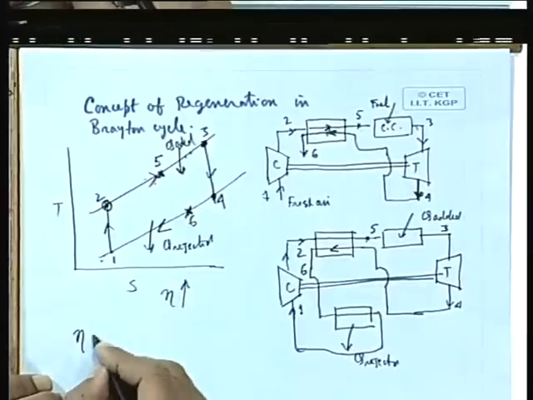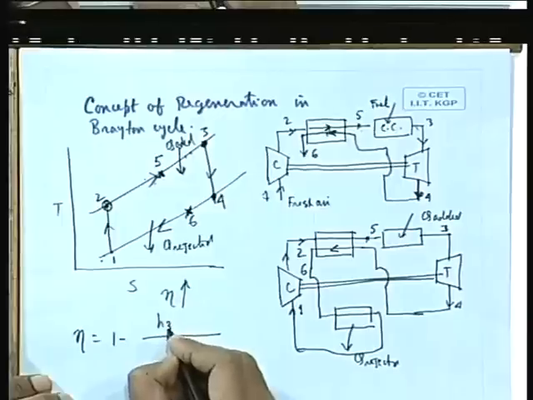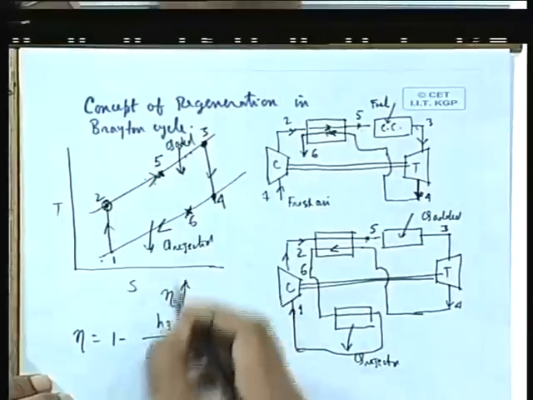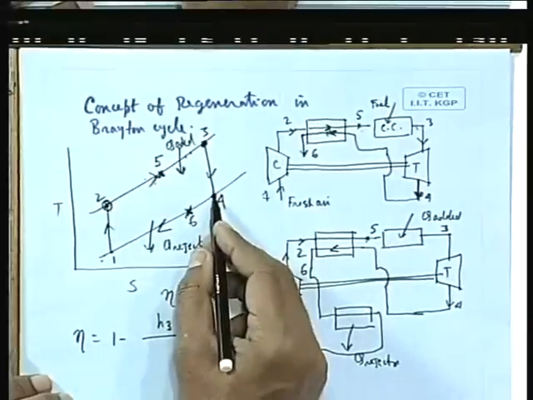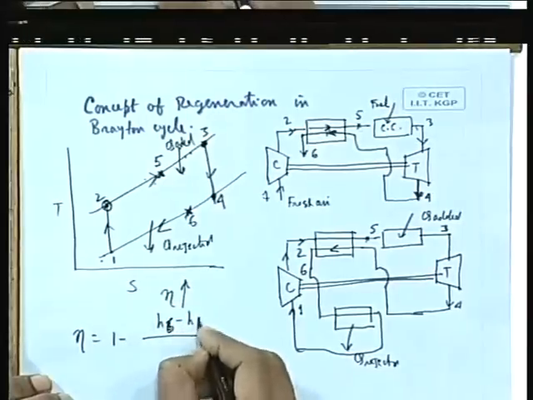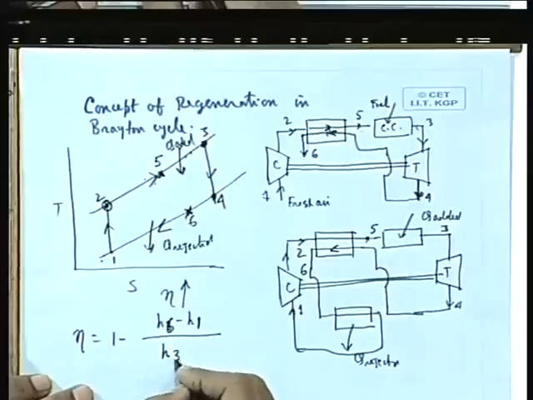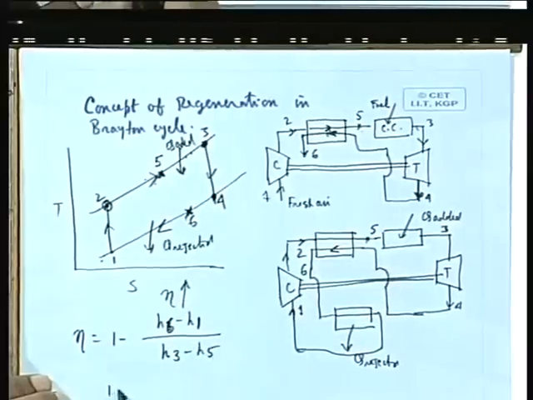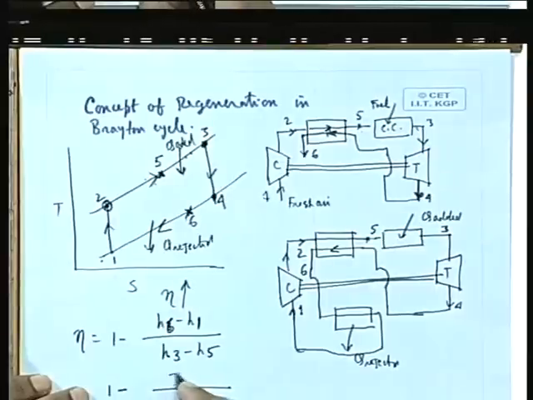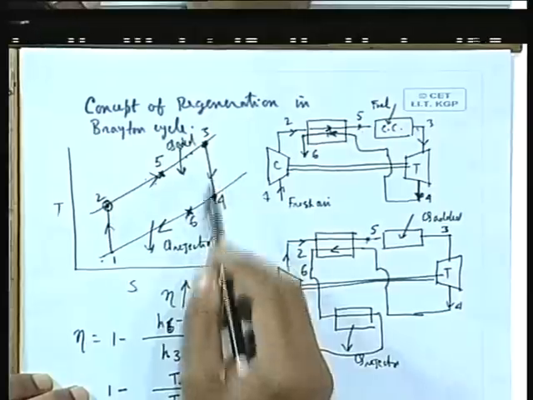Here, if we write the thermal efficiency expression, obviously the numerator will be heat rejected, that is H6 minus H1, divided by heat added, H3 minus H5, which is equal to 1 minus, if you cancel the Cp, (T6 minus T1) over (T3 minus T5). And in this case, you will see that there will be an increase in efficiency.